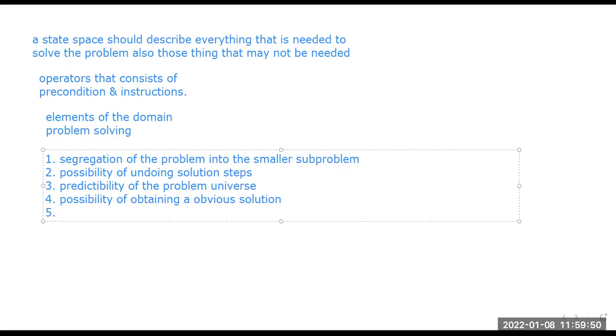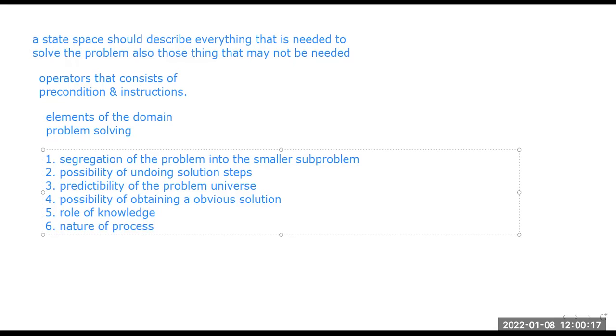These are the considerations that we need to analyze for any type of problem solving.